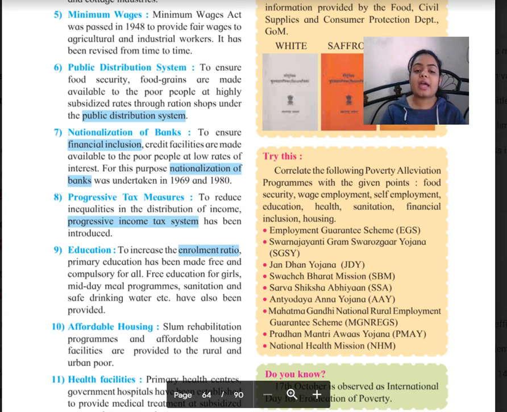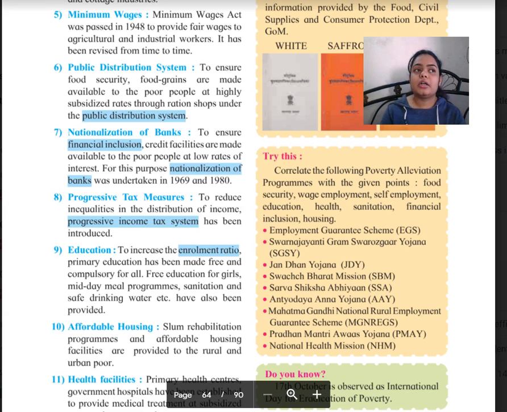Then progressive tax measures. To reduce income inequalities and the distribution of income, a progressive tax system has been introduced. So progressive tax system means as per your earning you pay a different tax level for each income. Suppose if it is till 5 lakhs, you don't pay anything. After 5 lakhs till 10 lakhs, there is a certain rate.